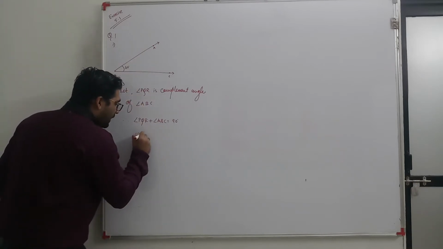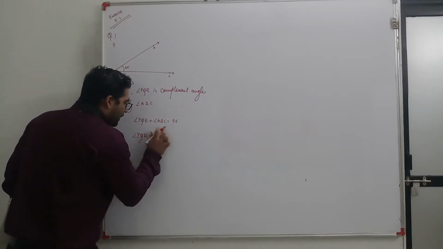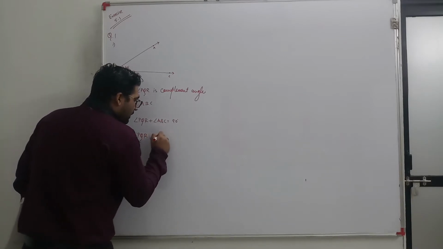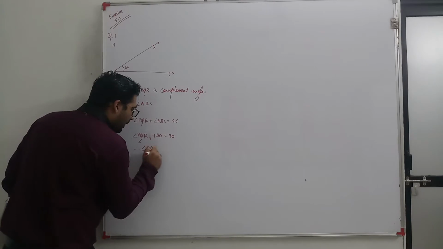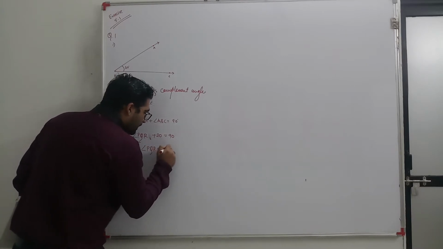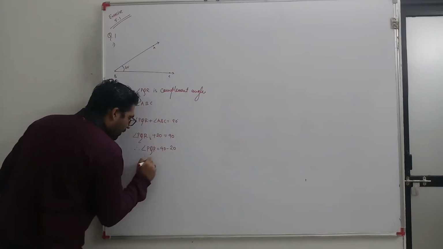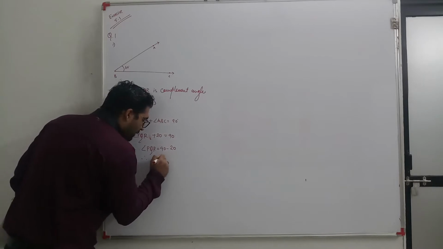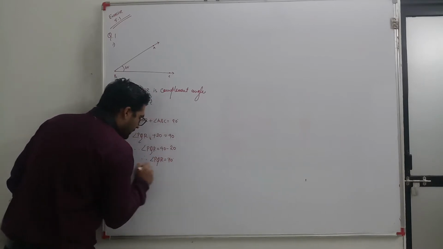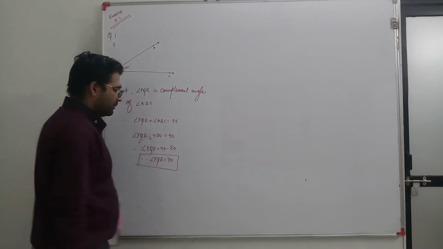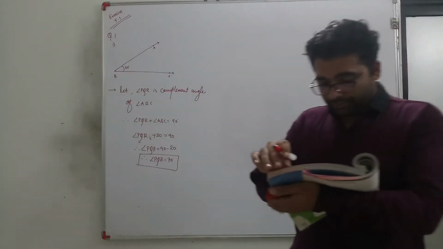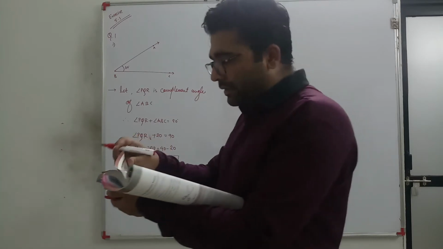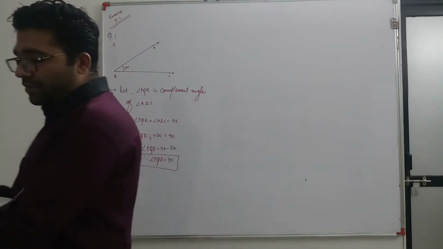So when I put angle PQR plus 20 is equal to 90, therefore angle PQR is equal to 90 minus 20, therefore angle PQR is equal to 70 degree. In question number 1, you have to solve all the questions like this. Let me see the next question.